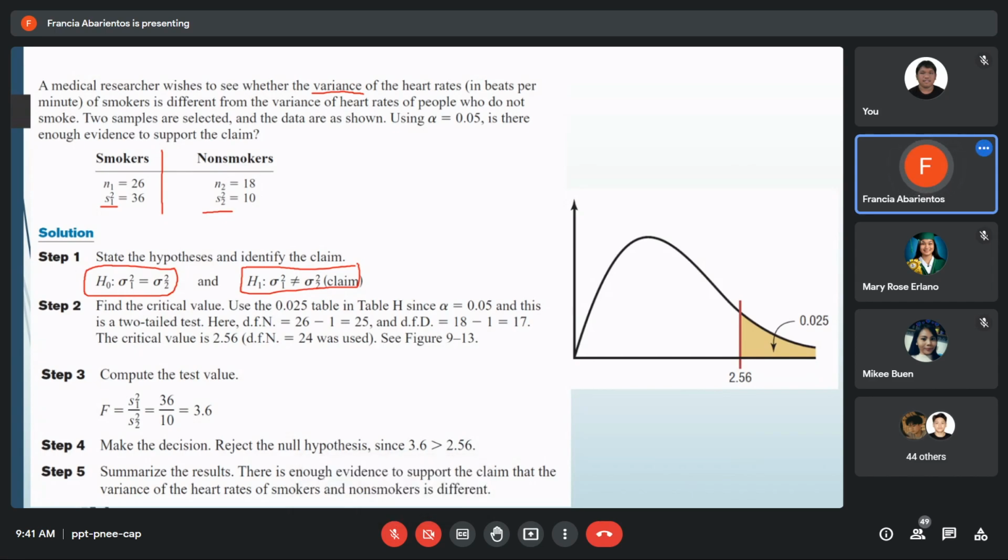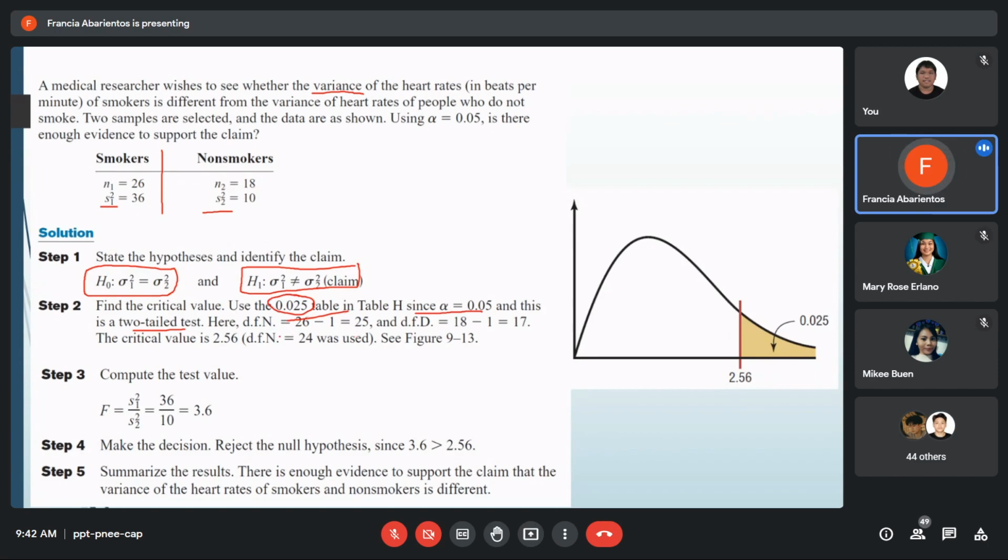Excuse me. So, using the 0.025 table, bakit 0.025? Kasi, class, this is a two-tailed test. Alpha natin 0.05, two-tailed, i-divide mo siya sa 2. Ito yung gagamitin mo.